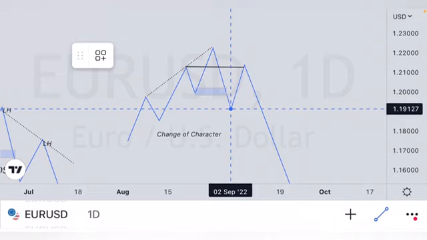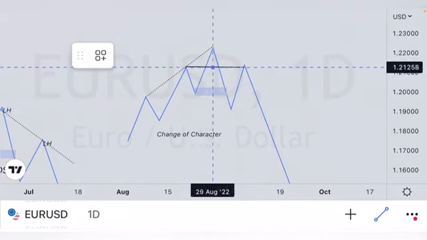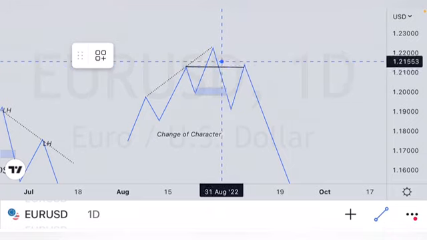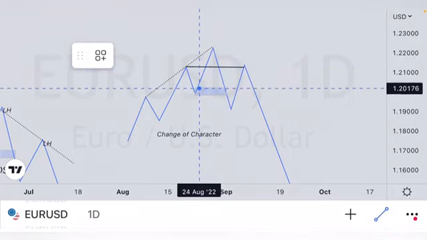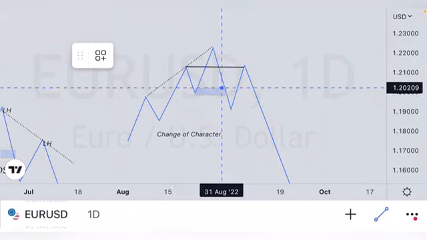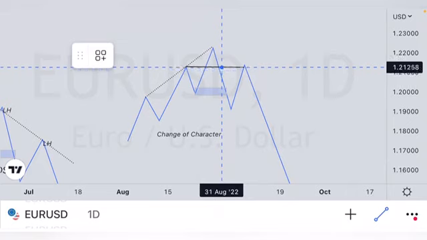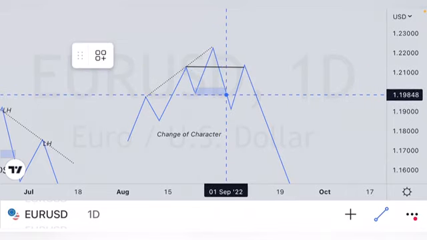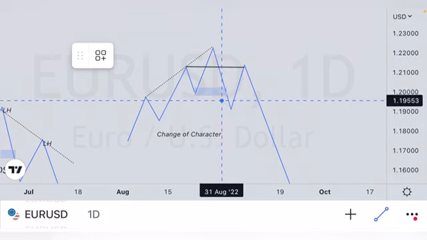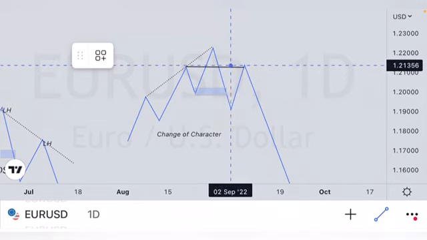Once it breaks the second low, what you intend to do is wait for a retracement. On the retracement, we are looking for something suspicious around the zone, because the market broke structure, came back again, didn't respect it, broke a new structure, and also broke the lower high structure.